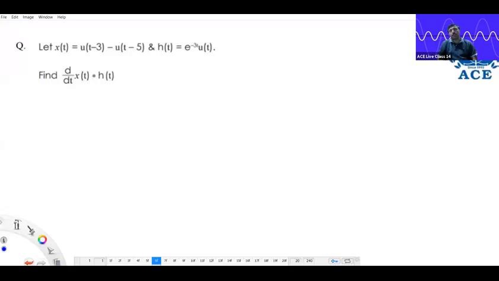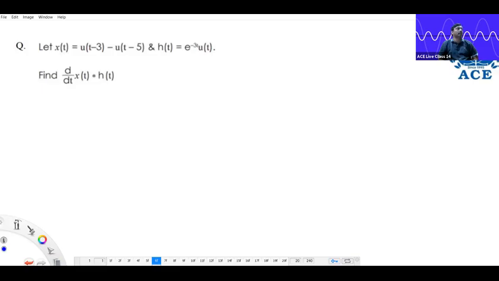x of t is given as u of t minus 3 minus u of t minus 5, and h of t is given as e power minus 3t u of t. Find d by dt of x of t convolved with h of t.